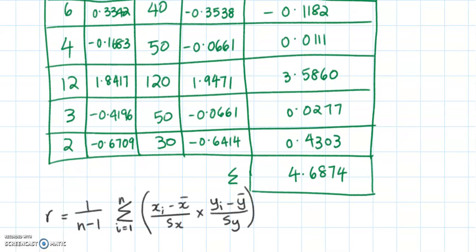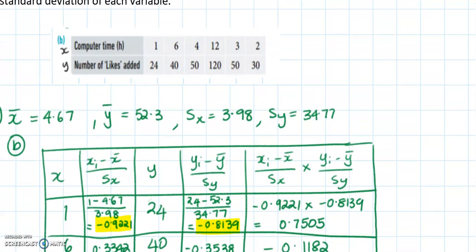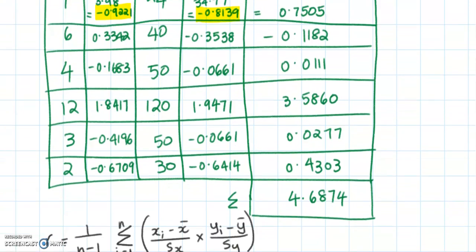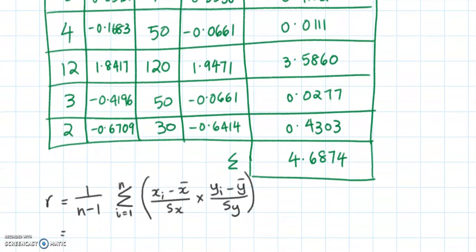Now we substitute. Remember, n is how many data values we had. If you look back to the original question, there's 1, 2, 3, 4, 5, 6. So that becomes 1 over 6 take away 1, multiplied by the total of all of that, which was 4.6874.